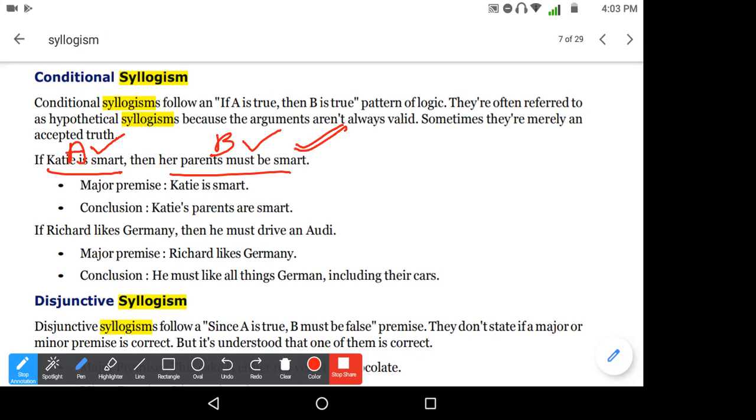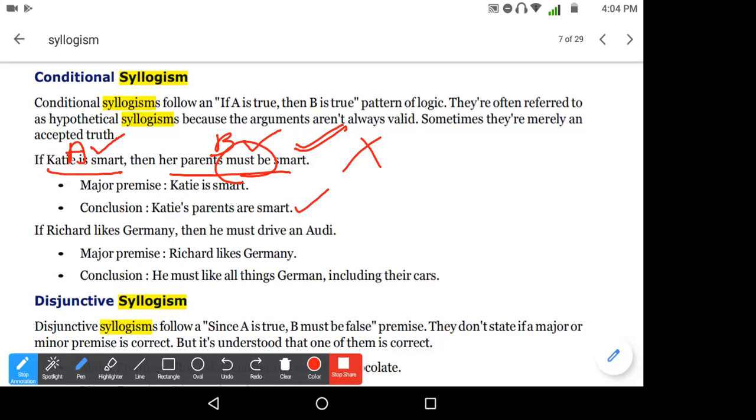It can also be wrong. Okay, so Katie is smart, correct. But what is the conclusion? Because Katie is smart, her parents also are smart. Here they are saying must be. We are not completely saying, definitely saying. But when it comes to syllogism, we are accepting that Katie's parents are smart.